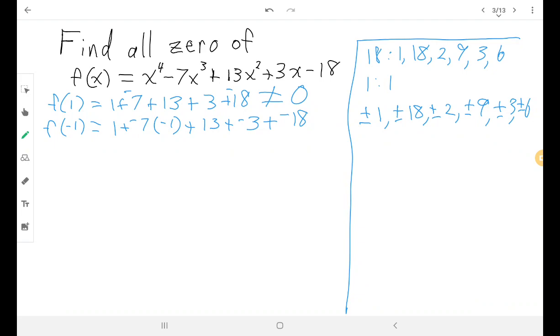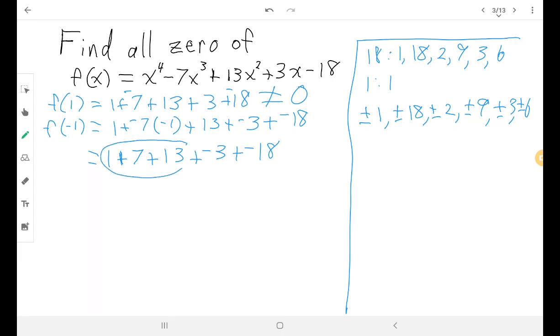So let's simplify that down. That's 1 plus positive 7 plus 13 plus negative 3 plus negative 18. So let's put things together. If I put the negatives together, I get negative 21.